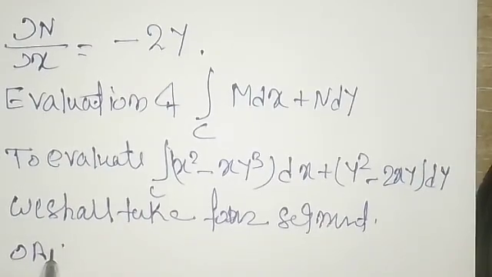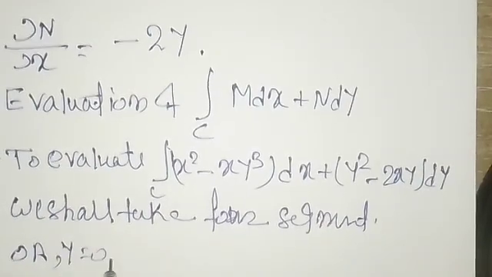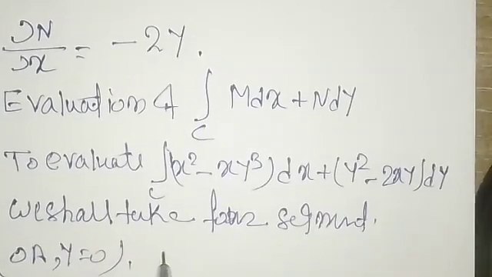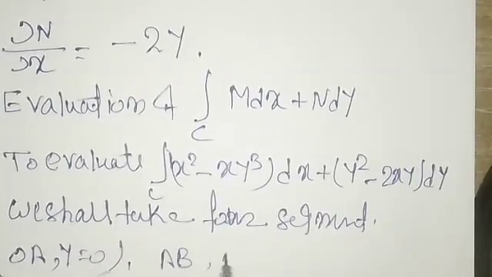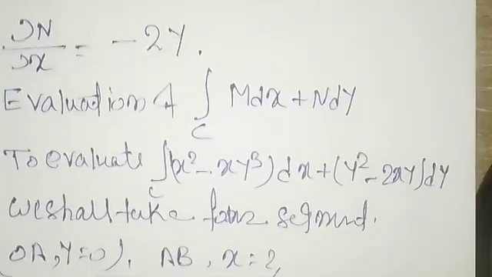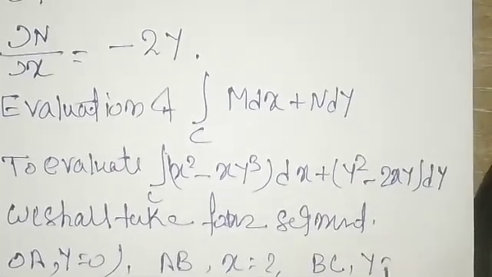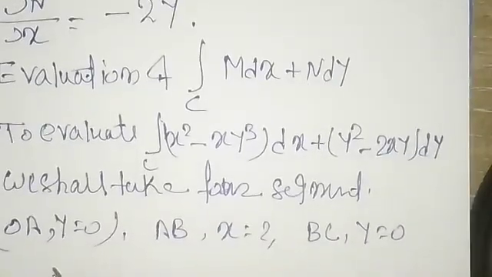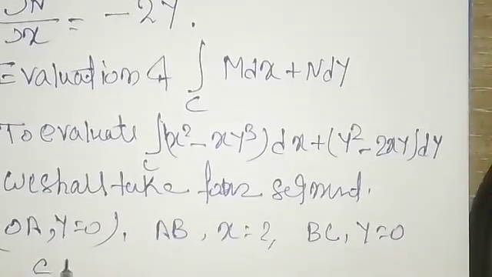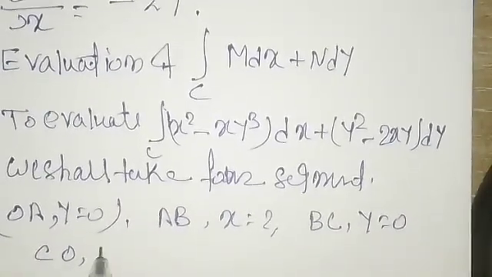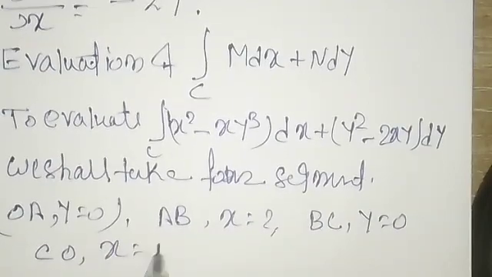Those four segments are OA, AB, BC and CO. On OA, y is equal to 0. On AB, x is equal to 2. On BC, y is equal to 2. On CO, x is equal to 0.